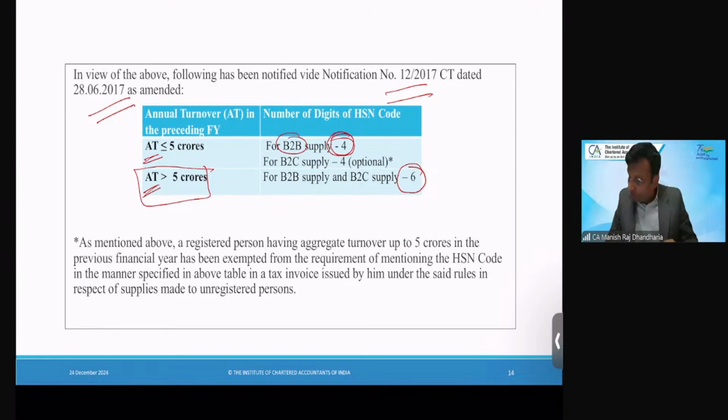Let me clear one more thing. In case of import and export, you have to mention 8-digit HSN code. I think you have not noted it, आप लिख लो.